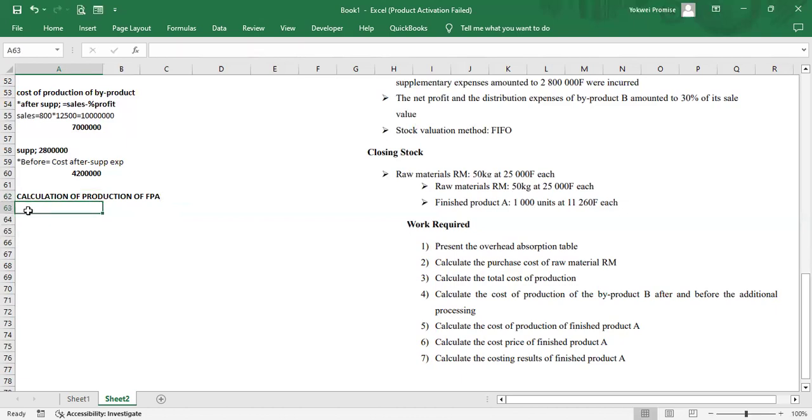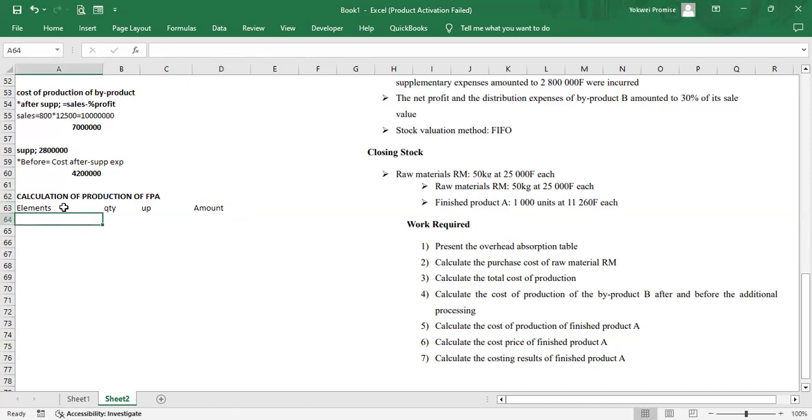All right, so we continue as usual. We have three columns: elements, quantity, UP, and then we have the amount.